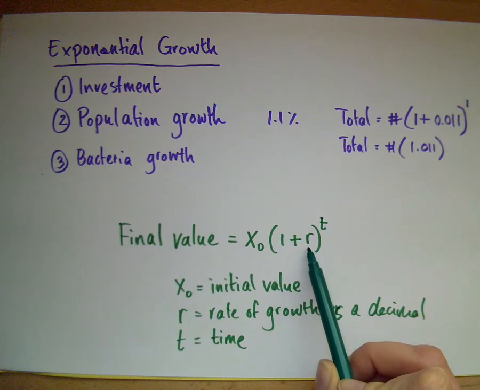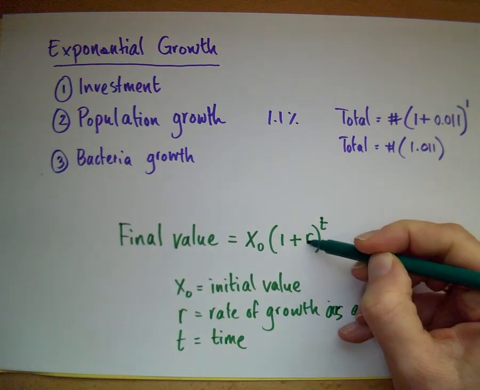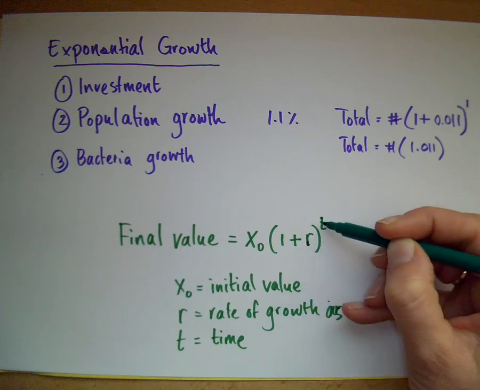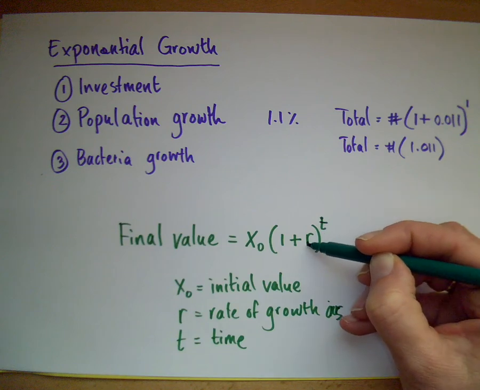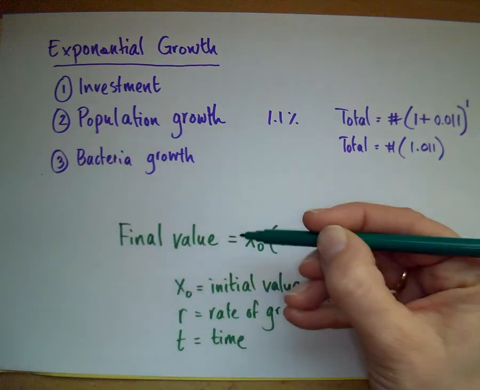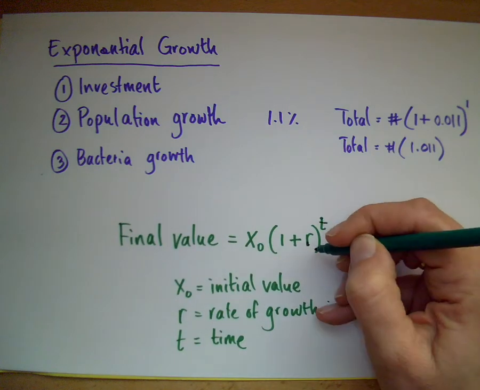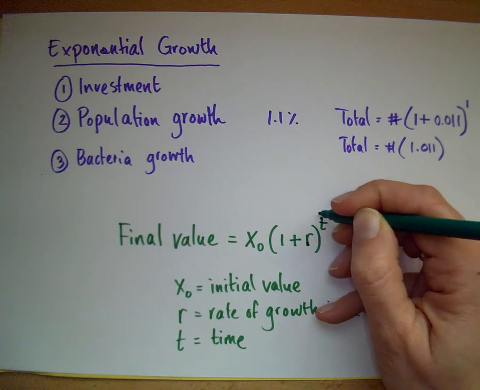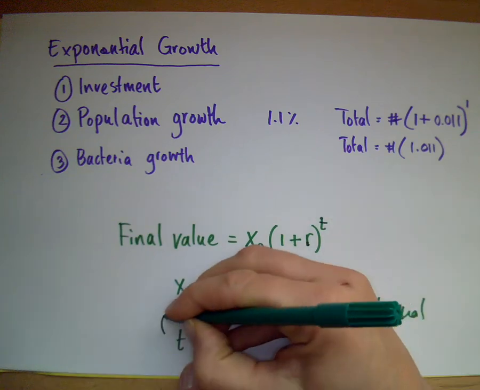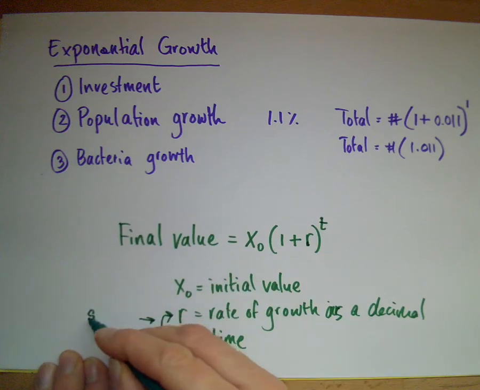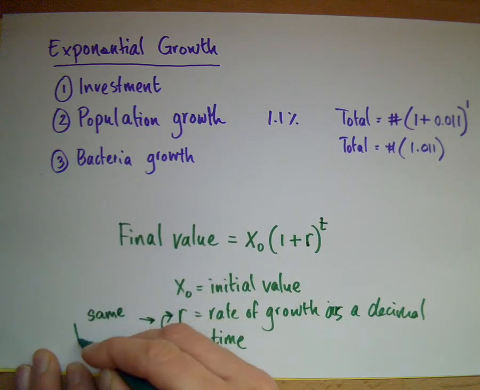In interest, we say you get 5% per year, and then time is also counted in years. But if this rate of bacteria growth is maybe 50% per hour, then your time is going to be in hours as well. So these two have to have the same time unit.